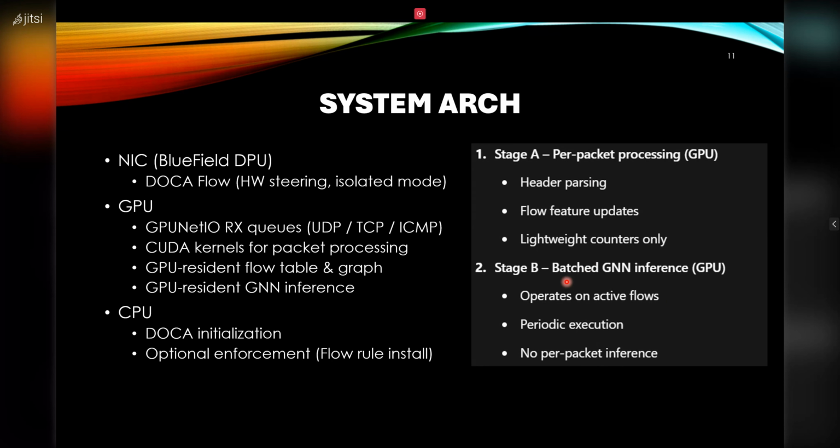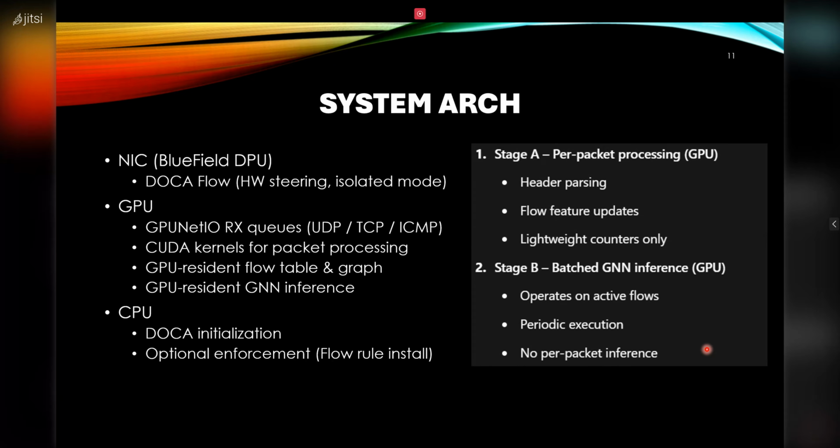Another stage is batch GNN inference. When we have flow entries of the different flows, we run the GNN not on each packet but in batches. We operate on active flows, meaning the current in and out flows, based on the five-tuples, and we do this batch GNN inference with periodic execution.